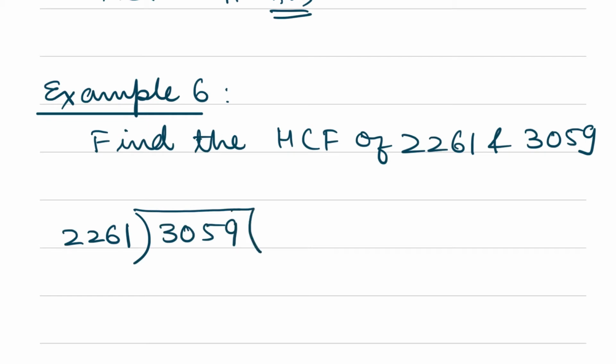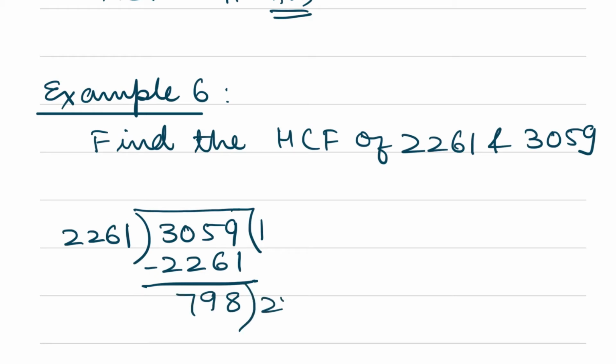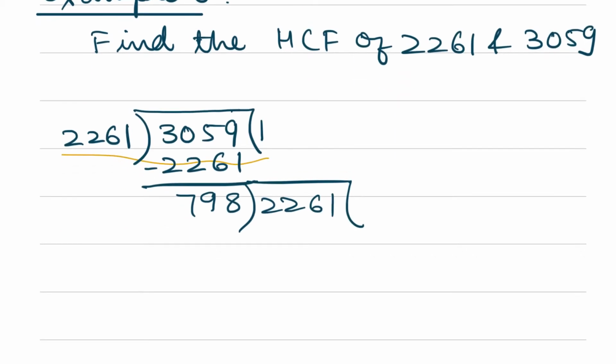So we have this as 1 time 2261, subtracting, we get 798. This becomes the divisor and 2261, the previous divisor, becomes the dividend. So this goes 2 times and we have 1596 and 665.